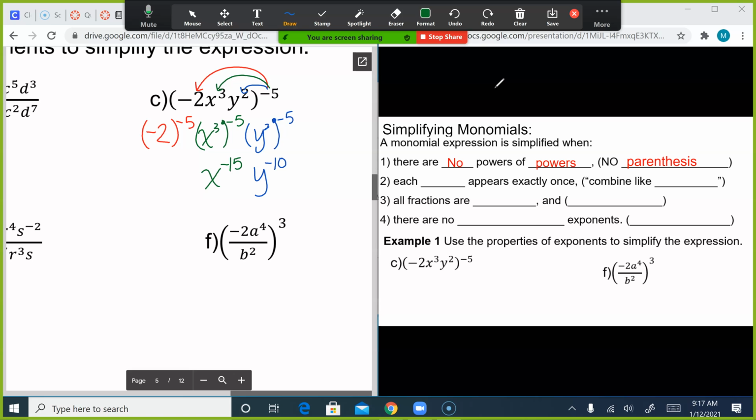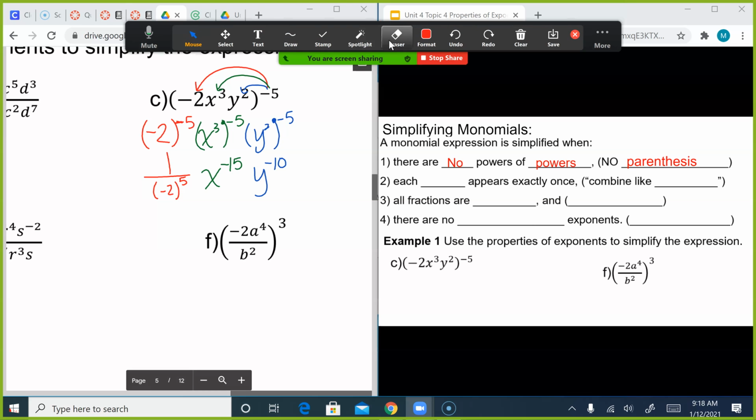So for this one, for the number, we actually have to get that number. So let's think about what this part means. So the negative means it's going to be 1 over negative 2 to the 5th. So that's what we have to go figure out, what that number is.